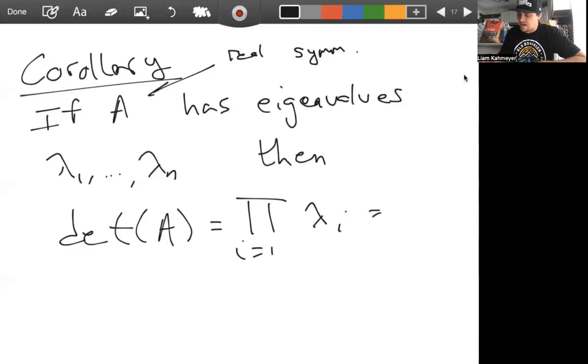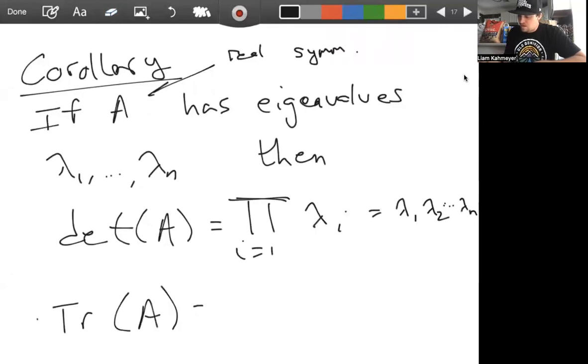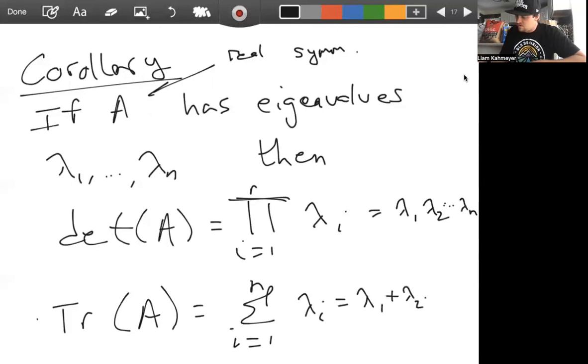If you've never seen this capital pi here, this is lambda 1 times lambda 2 times blah, blah, blah, times lambda n. We also have that the trace of A is equal to the sum of the eigenvalues, right? The sum from i equals 1 to n of lambda i, which we know all too well from the nightmare that is Calc 2, lambda 1 plus blah, blah, blah, plus lambda n.